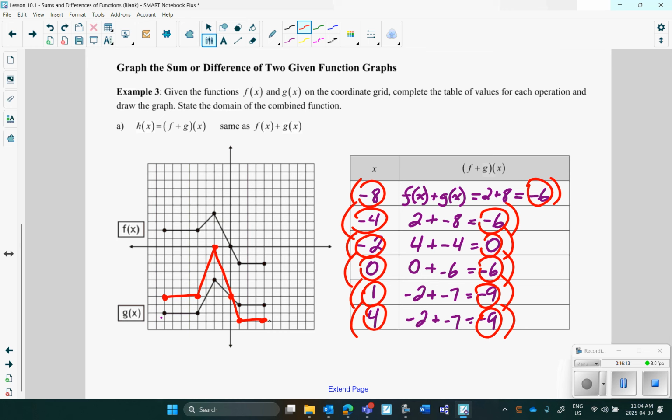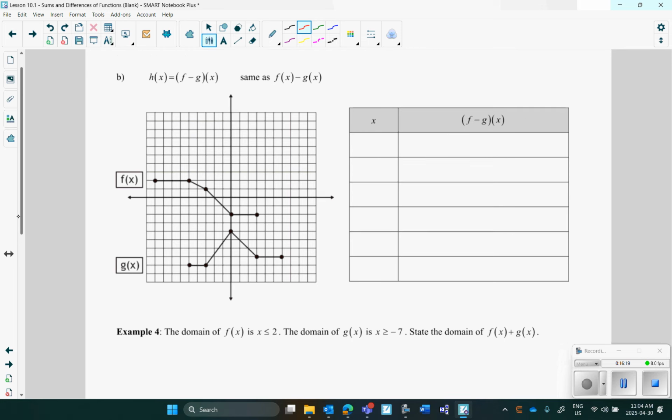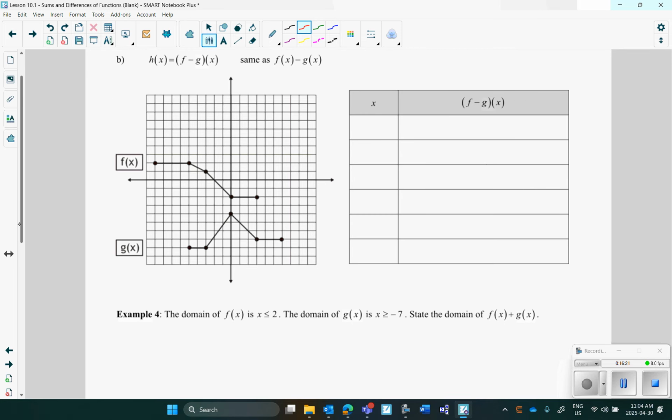Subtracting my graph, and we'll finish this. What's different about this one? The two functions, they're not lined up perfectly, are they? We can only subtract the common parts. So how do you find the common parts?